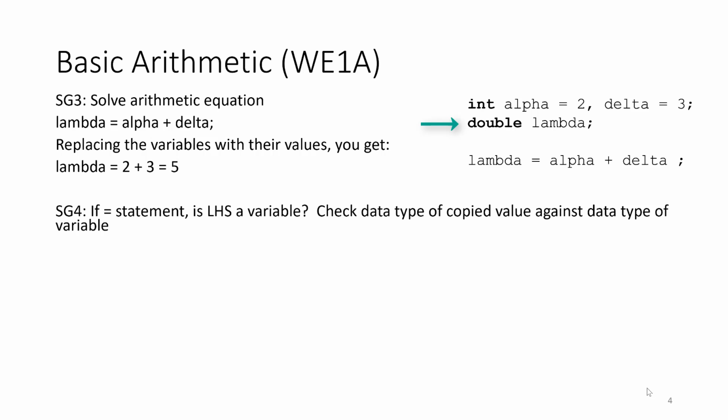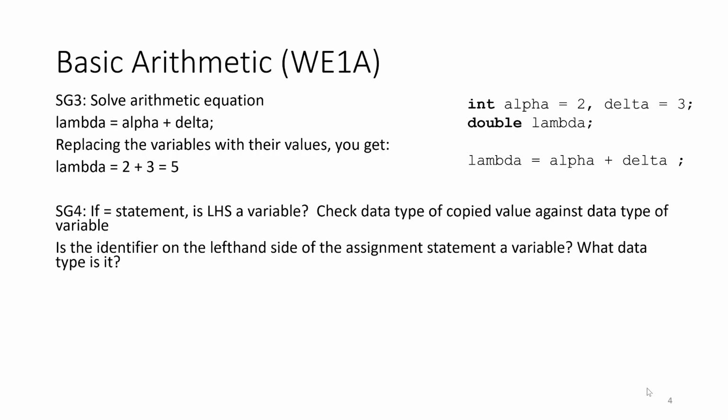Subgoal 4 says now look at the left-hand side of the assignment statement and is it a variable? On the left-hand side of the assignment statement we have lambda. Lambda is declared of type double. Now we want to see the resultant data type of the right-hand side of the assignment statement, which we determined was an integer, and can we copy an integer into a double variable?